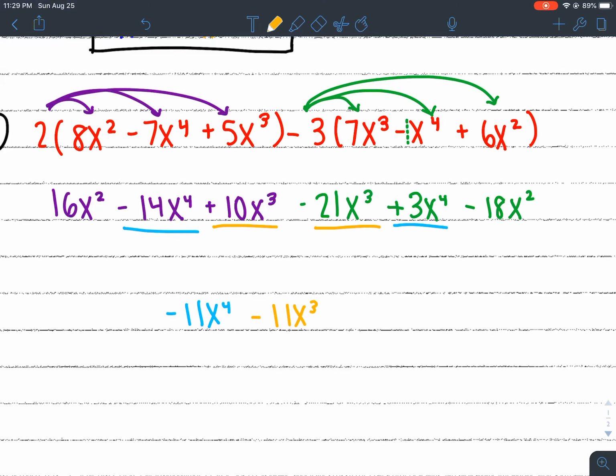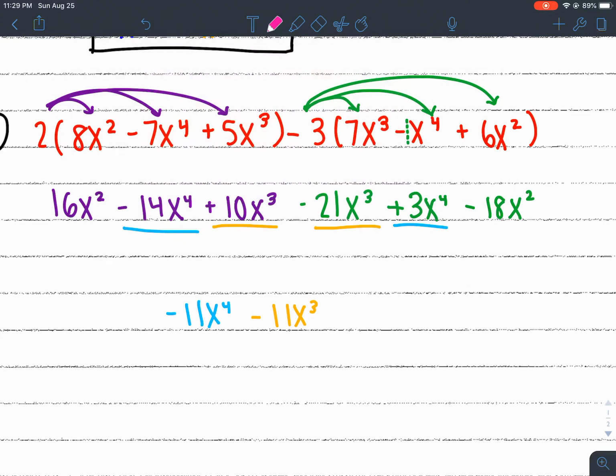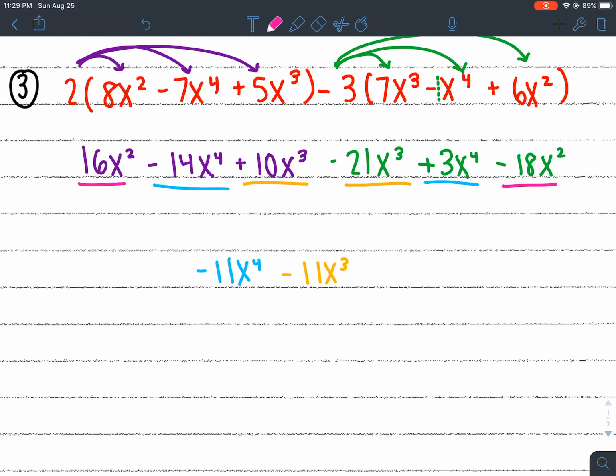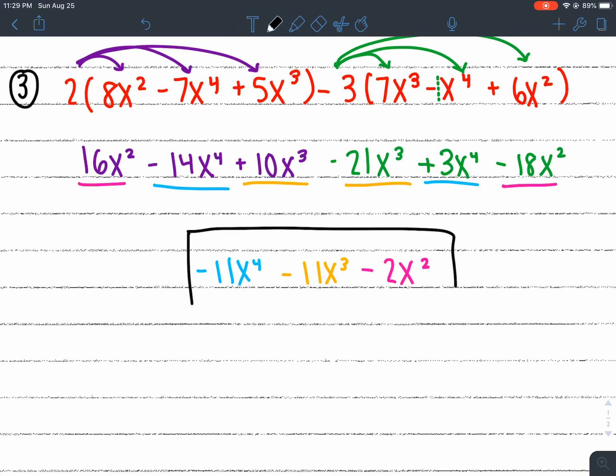So we have another 11 coefficient there. And then lastly, we have 16x squared minus 18x squared. That's going to give us negative 6x squared. Oh, just kidding. Negative 2x squared. Counted wrong. All right. And that is our final expression. This would be a 4th degree trinomial because your highest degree is a 4 and you have 3 terms.